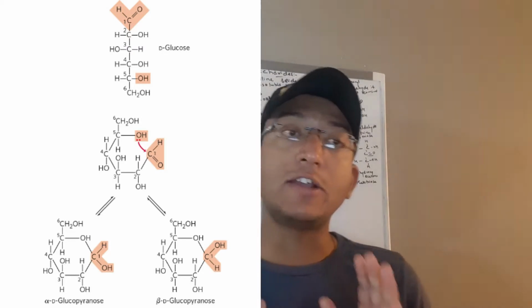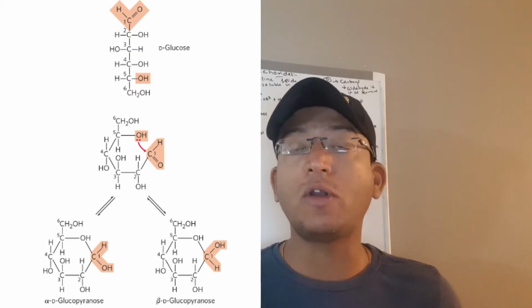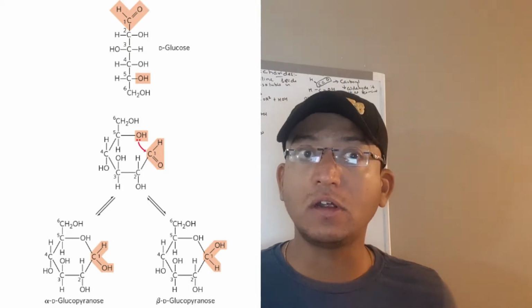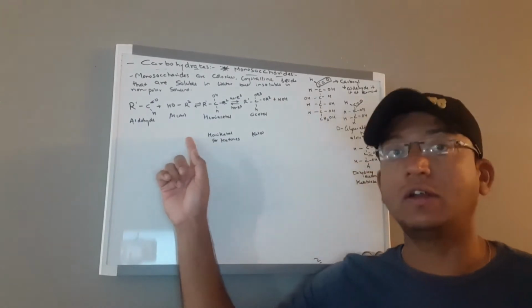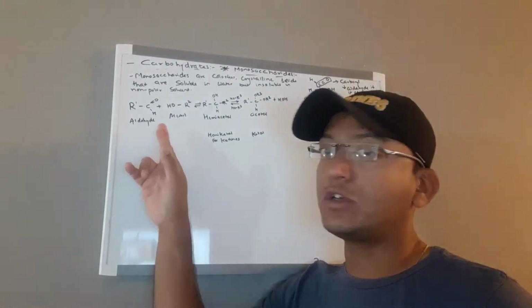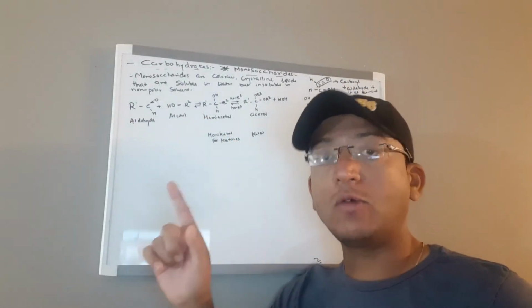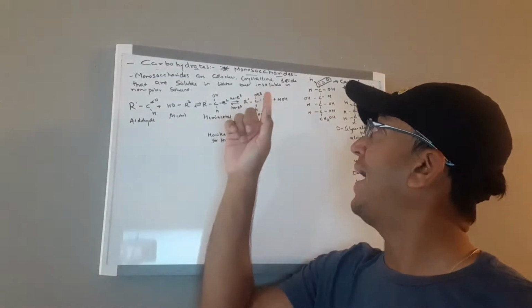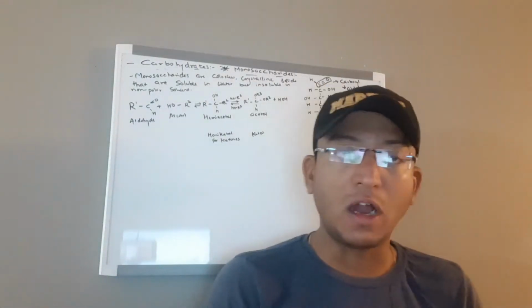That's the only difference that we saw here. The carbonyl carbon atom, this one, is called the anomeric carbon.